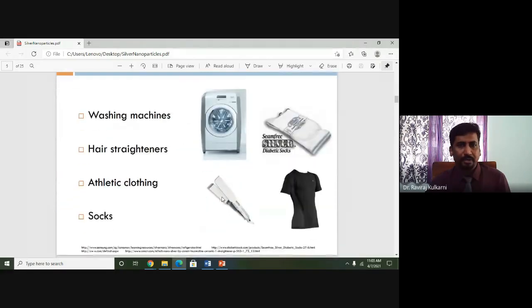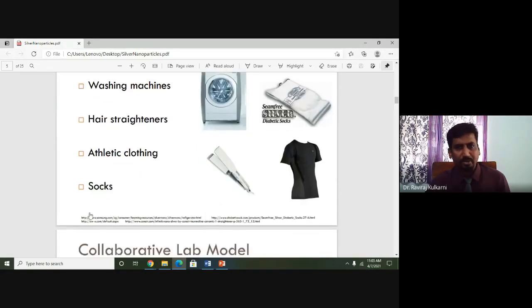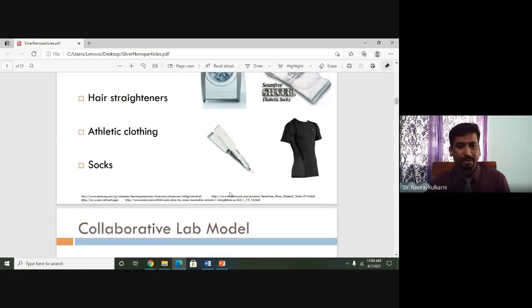Presently we use washing machines which contain silver nanoparticles. Hair straighteners, athletic clothing, socks, diabetic socks all use silver nanoparticles, so they have antibacterial properties.